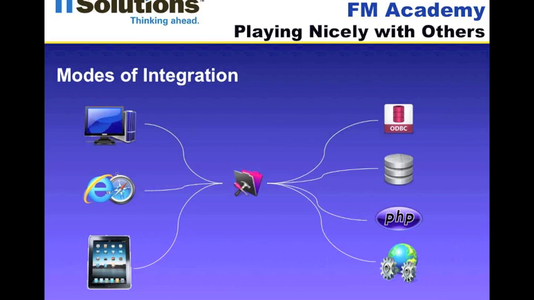You can use plugins to integrate with QuickBooks in a similar fashion. That uses XML as a go-between between the two programs. It's also possible to integrate with Outlook, Exchange, and the Google ecosystem. Depending on the task at hand and on your needs, you may need to use one or more of these techniques to share your data.